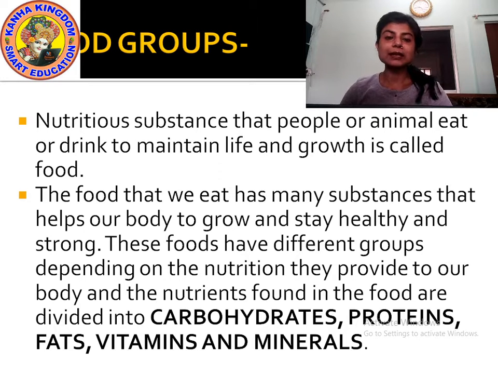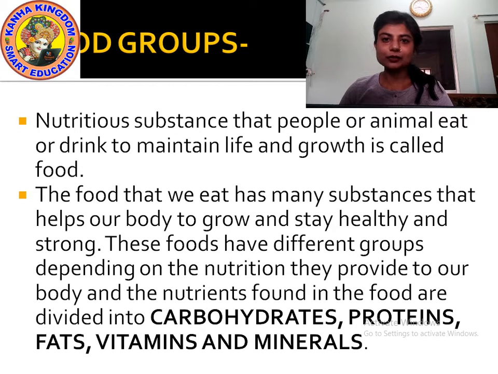These foods have many different groups depending on the nutrition they provide. Depending on the nutrition, the energy they provide to our body, food is divided into many different groups. And what are the groups that food is divided into? Food is divided into carbohydrates, proteins, fats, vitamins and minerals.